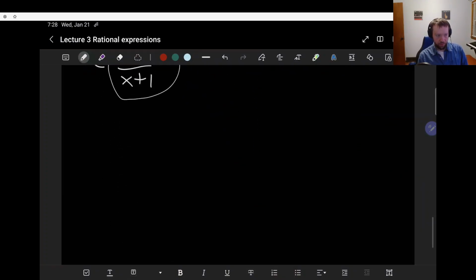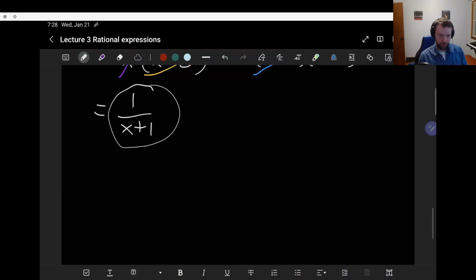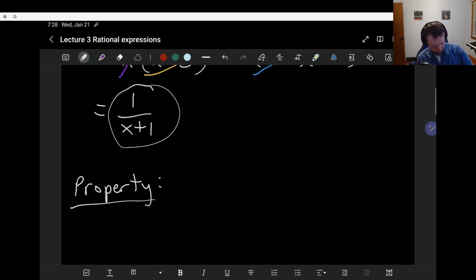Now the last property I want to talk about. This may seem a little unusual, but adding fractions is actually harder than multiplying or even dividing them. So we're going to end there with this property, followed by an example. Just adding two run-of-the-mill fractions.